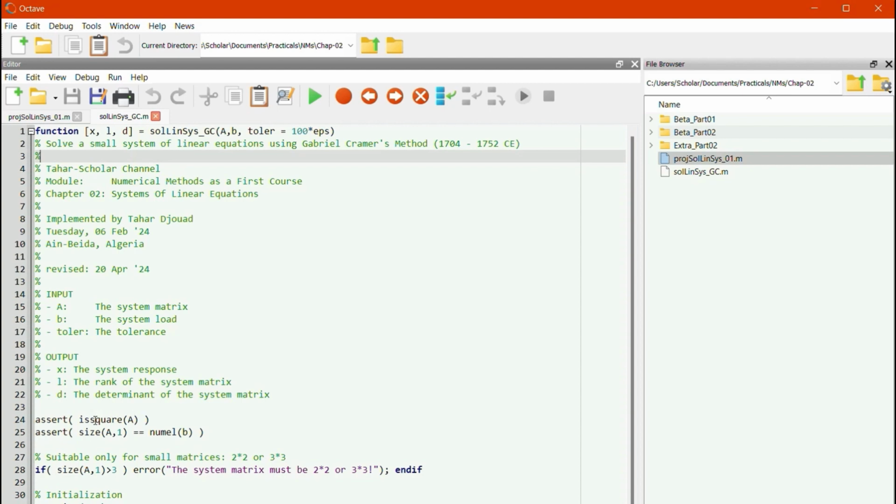And then we check whether there are as many rows in the matrix as there are elements in vector B. The number of rows must be equal to the number of elements in B. This is a check for size consistency. And then, as I said, we have limited our algorithm to only matrices of 2 by 2 or 3 by 3. We check that, otherwise we display an error message.